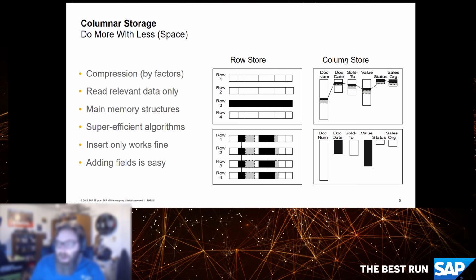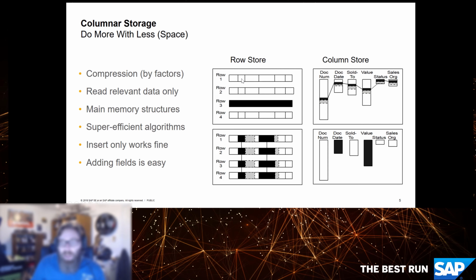If we look at it over here, and this is how HANA mostly stores data, is in a column store. And what we do is we say, oh, we got a document number column. We're going to store all the data for all the document numbers contiguously in memory. We got document date, sold to, they're all stored in chunks of that particular column. And right away you see, one, this is more efficient storage, because if, for instance, we don't have a document date in all the columns, we don't have to leave blanks.